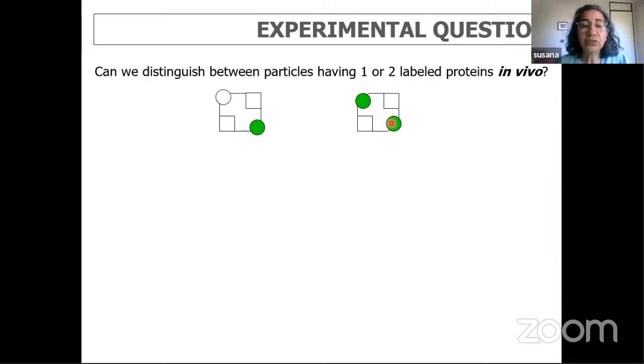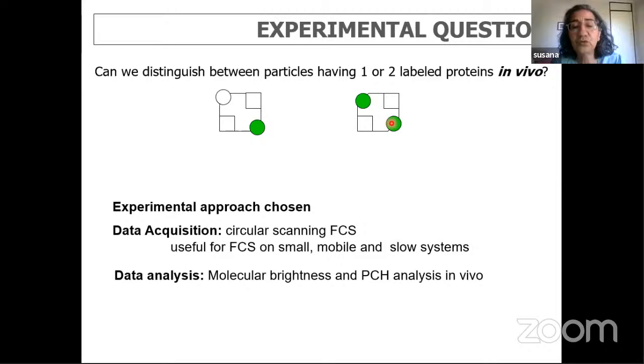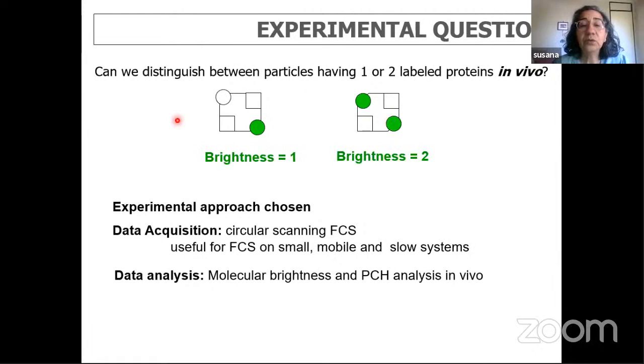At that time the experimental approach we chose was to use circular scanning FCS, which is a pretty nice technique for small things, also when they're mobile and when they're slow. So the analysis will be molecular brightness and PCH analysis in the alive cells, in the alive yeast. If we could do that, we were looking for a brightness of 1 in those ribosomes that have 1 GFP and a brightness of 2 in those ribosomes that have 2 GFPs.